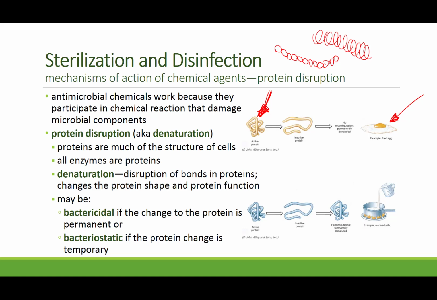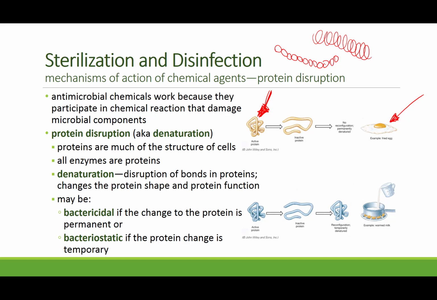And then when the milk cools down again, it would restore its shape, its function, and its flavor too. If you remember in class last week, we were talking about box milk, the milk in the cartons that sits on the shelf. That milk has been so heated that it permanently denatures the proteins.